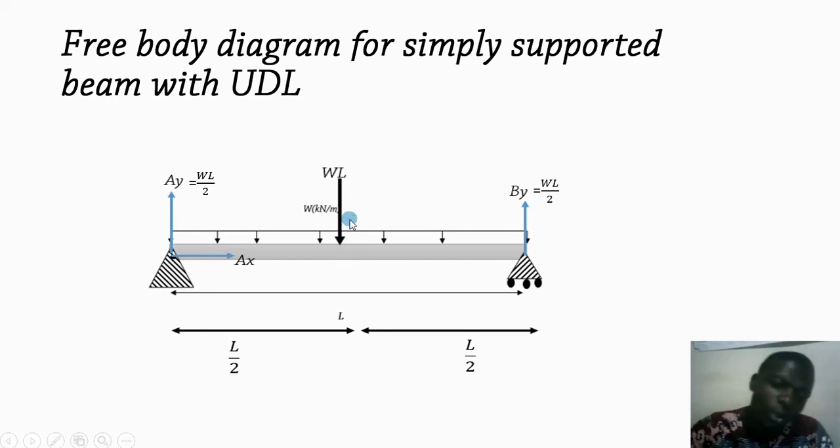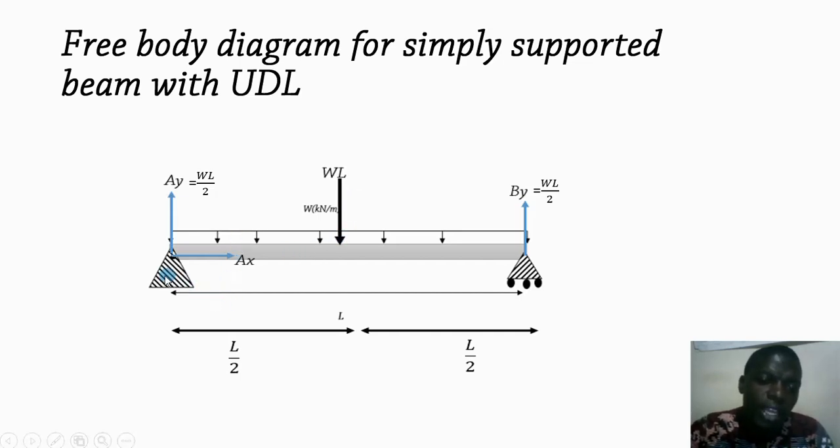Then we also see that this is the total force WL, which comes from the multiplication of the uniformly distributed load W by the width of this area, because this loading condition results in the generation of a loading area, and the area of that graph gives us the total load in that particular loading condition.